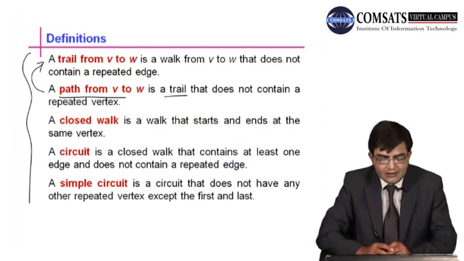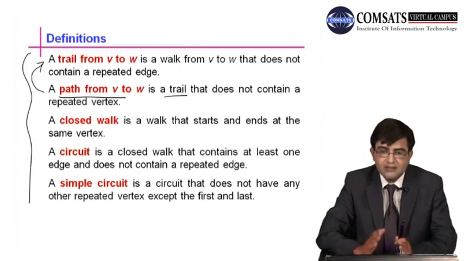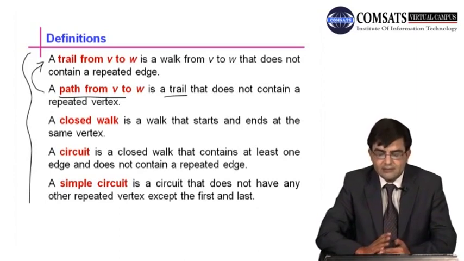The next definition is a circuit. What is a circuit? A circuit is a closed walk. A circuit must be a closed walk, that is, a circuit should start and end at the same vertex. So it is a closed walk that contains at least one edge and doesn't contain a repeated edge.